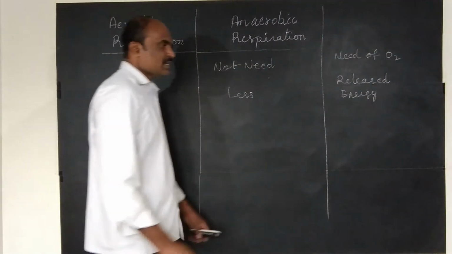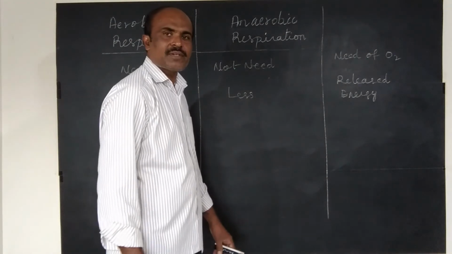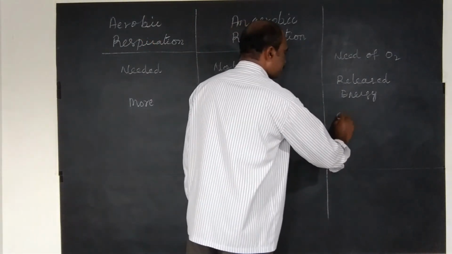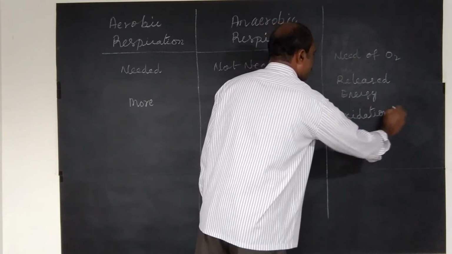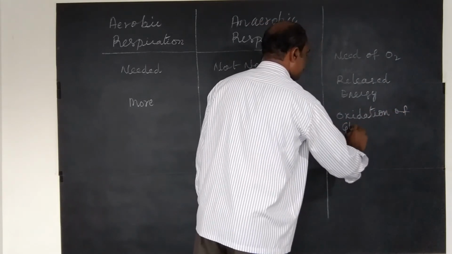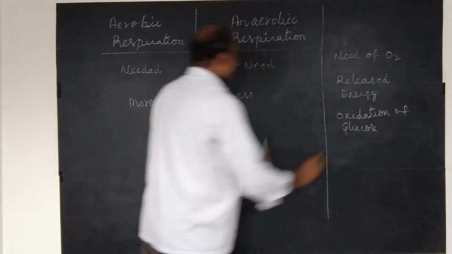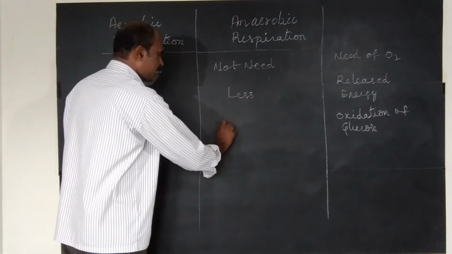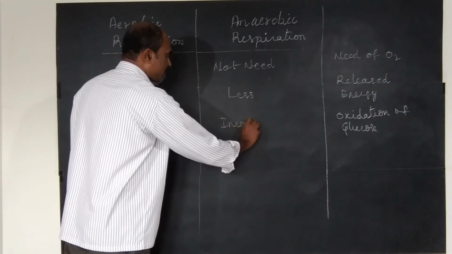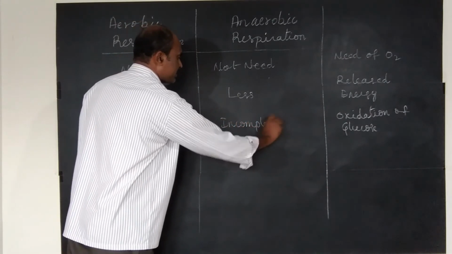Third difference, oxidation of glucose. In anaerobic respiration, oxidation of glucose is incomplete, very incomplete.